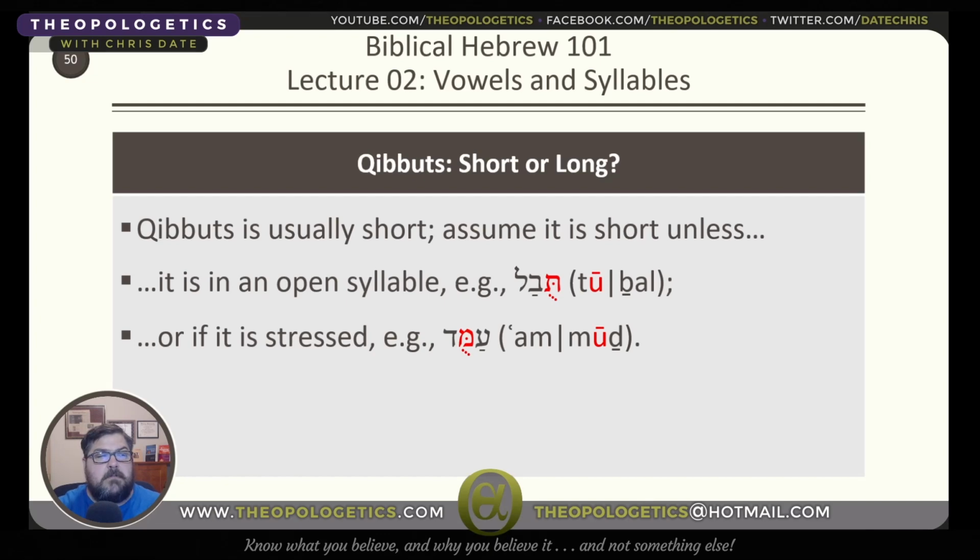And it is also long if it is in a stressed syllable, like amud. This is two closed syllables, am and mud, because that mem has a dagesh forte in it. And that accented syllable is the second one, mud. Since the kibbutz is in that syllable, it is long. These are the exact same rules as for discerning between a short and long hirek.